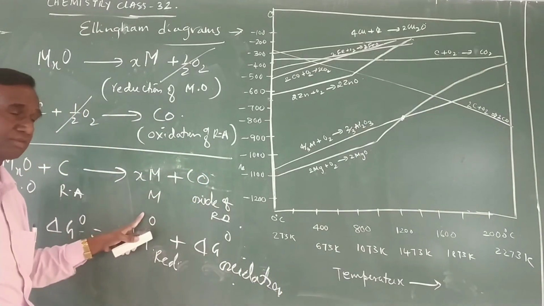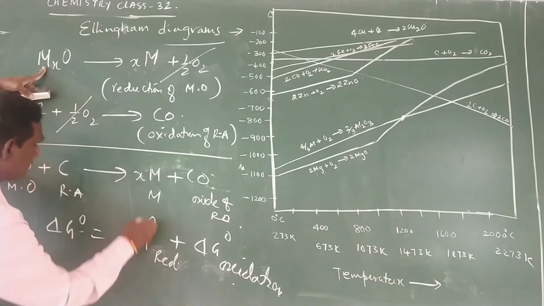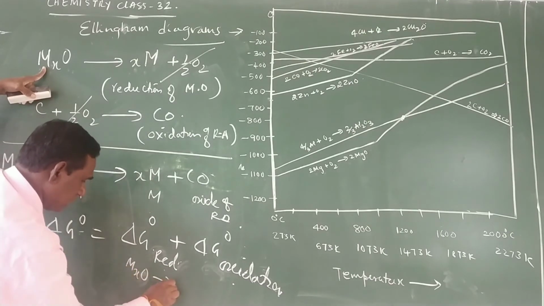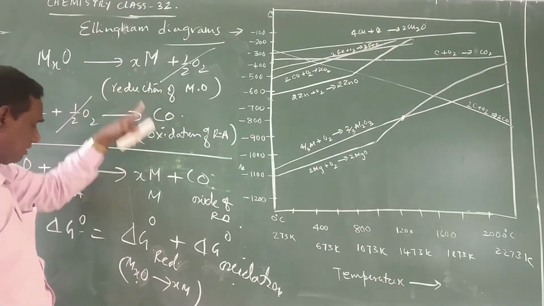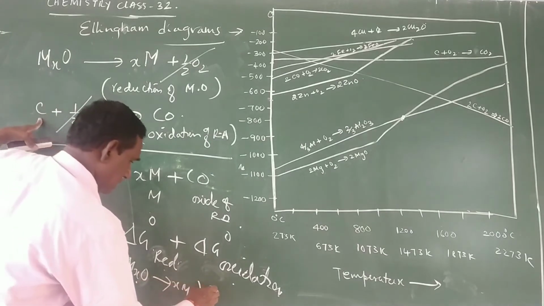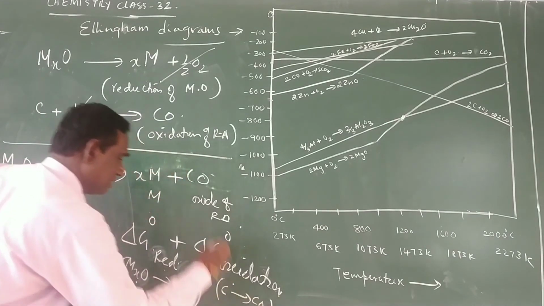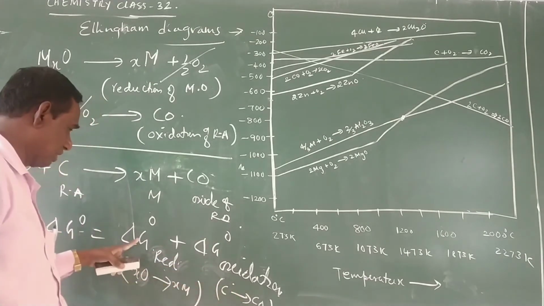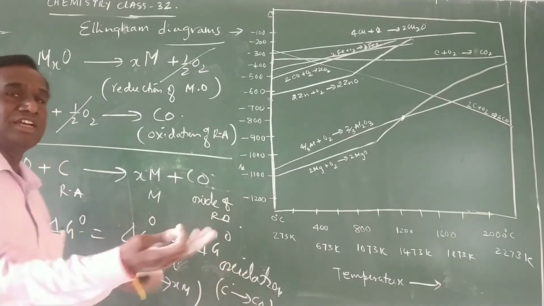What is the ΔG° of oxidation? That is C gives rise to CO, the oxidation of the reducing agent. If you add both, you get ΔG°.